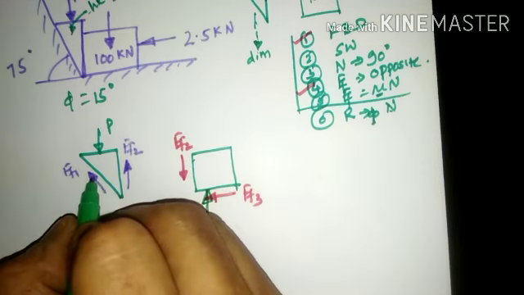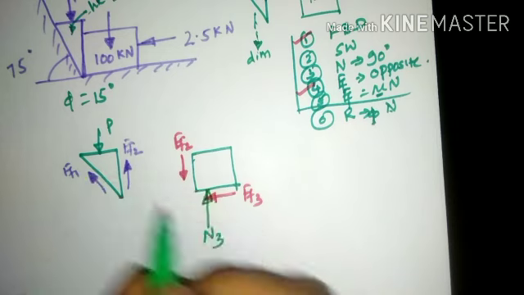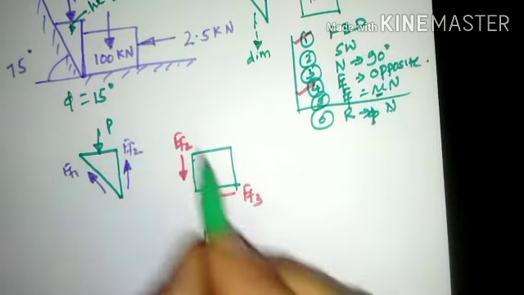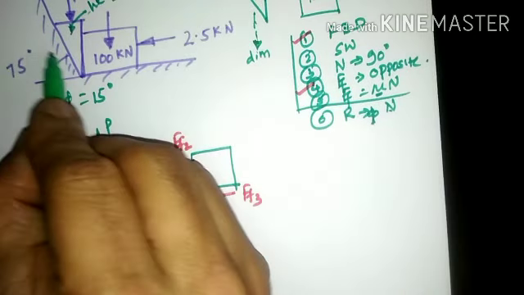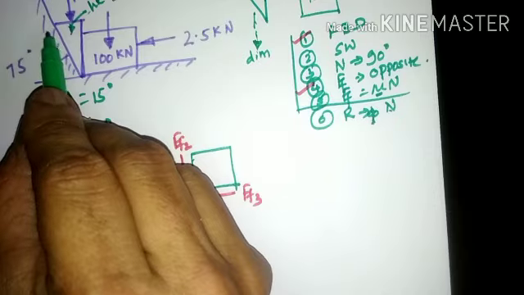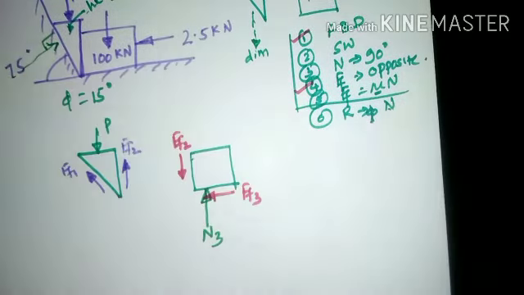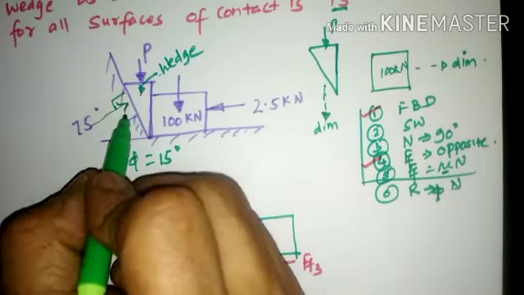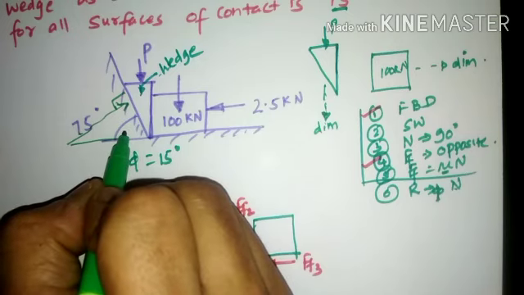Likewise, here again there will be a normal reaction force component. As the surface was horizontal, the reaction was vertical. Here the surface is inclined, so it will neither be horizontal nor vertical, it will be perpendicular to the plane of contact, making 90 degrees to the plane of contact. This inclination is already 75 degrees, which is the given inclination.